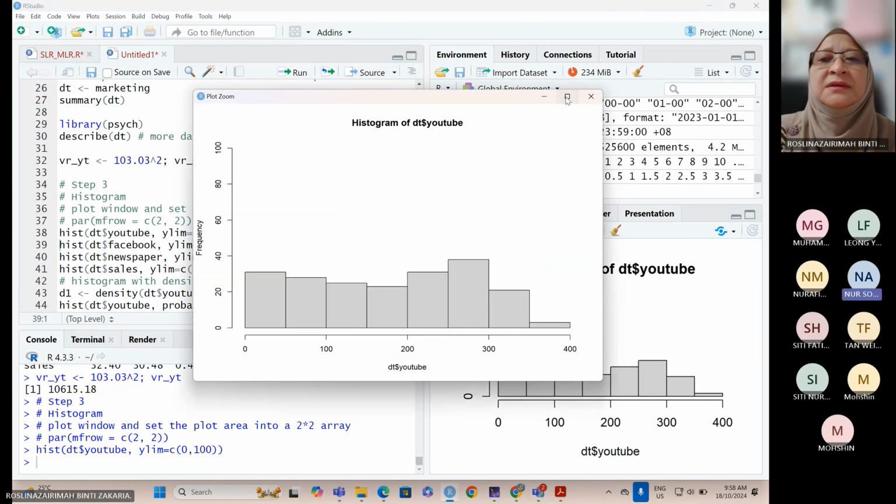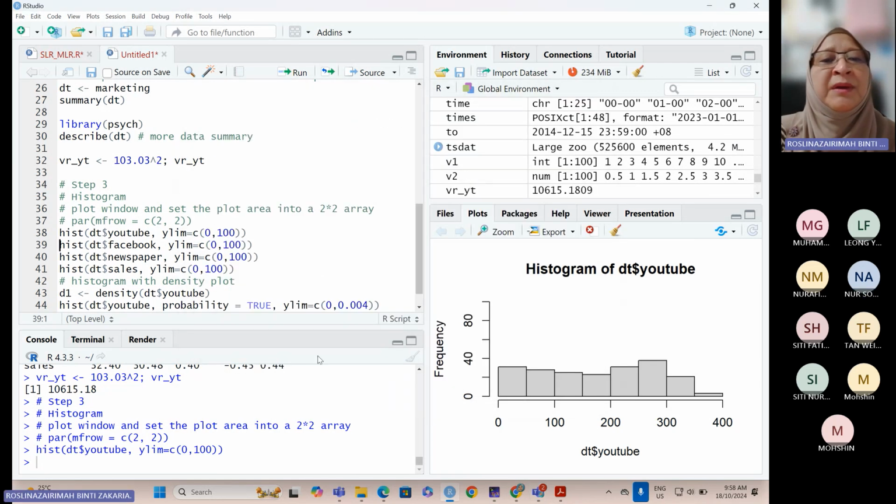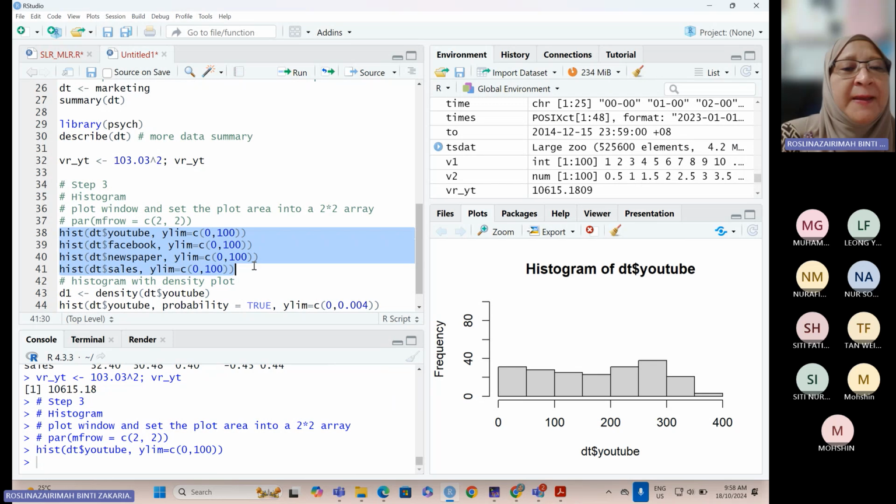Now remember, we just compare. Just look at this ylim. Ylim means I want my y-axis to be the same for all of these plots, so that I can compare.